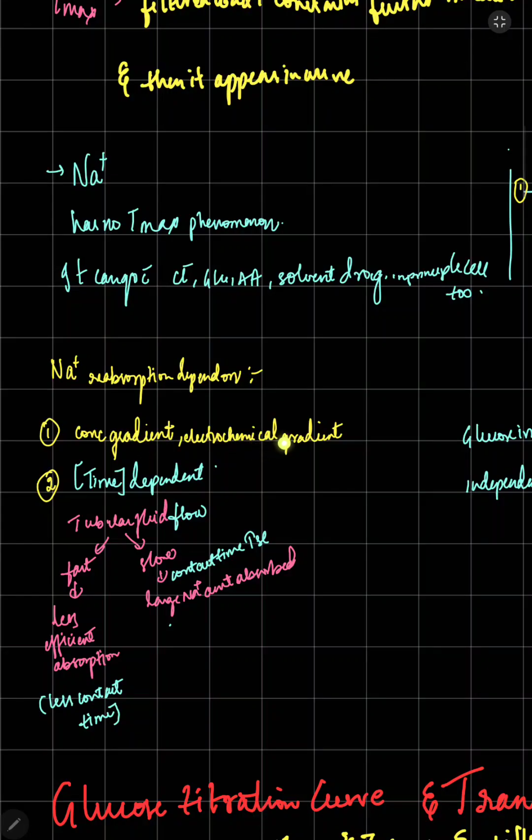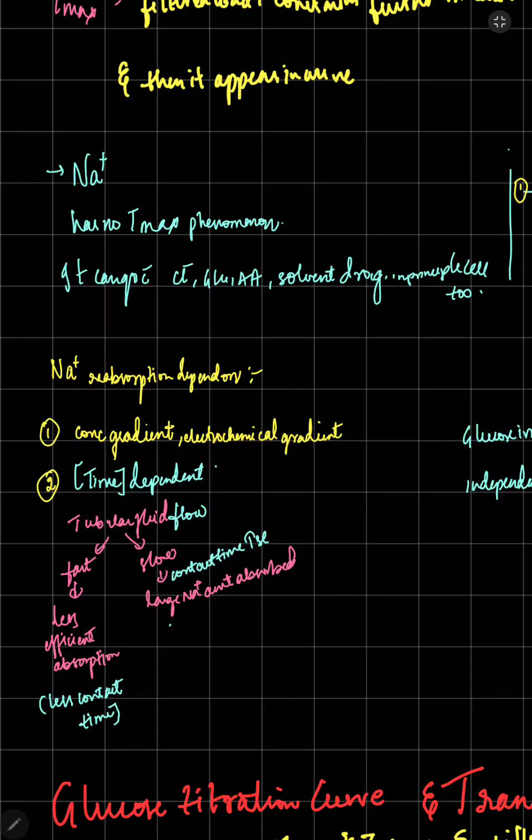So sodium reabsorption depends on two things. One is concentration gradient and electrochemical gradient. These two gradients are important, and it also depends upon time. So how is this time related? When we consider the tubular fluid flow, if tubular fluid flow is fast, there is more GFR, and there is less efficient absorption, right?